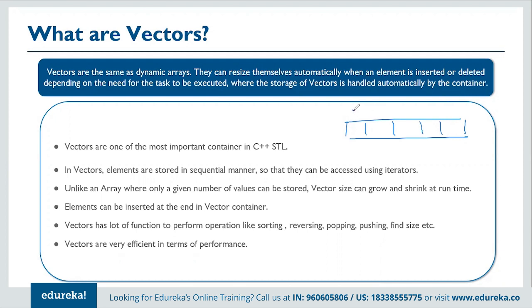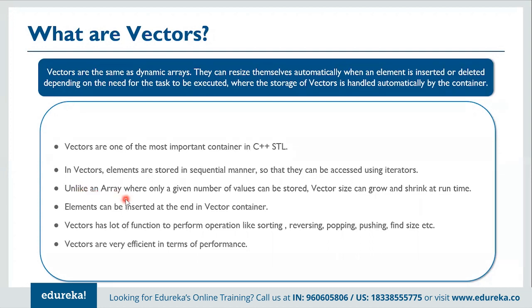So this is, let's say, 1, 2, 3, 4, 5. They are sequential in nature, one after another. So in a vector, elements are stored in a sequential manner. If you put elements, let's say characters A, B, C, D, E, these are stored in a sequential manner in a vector.